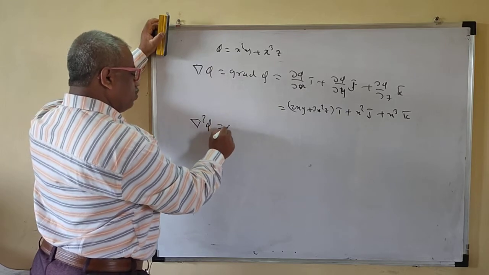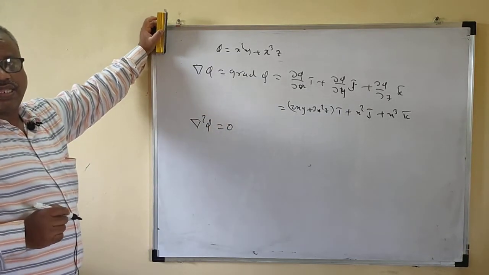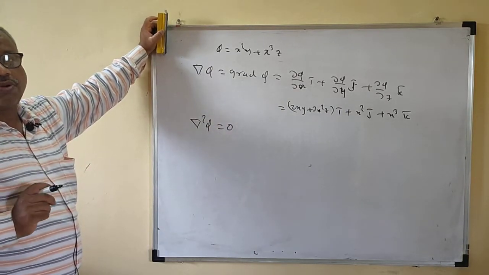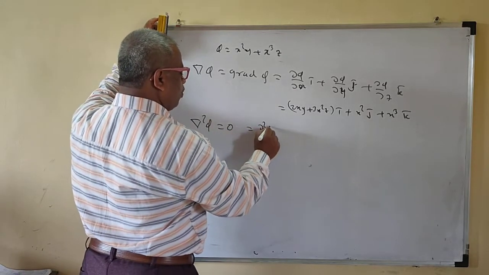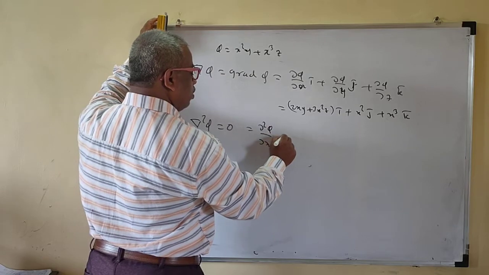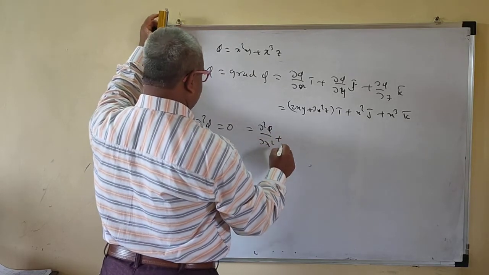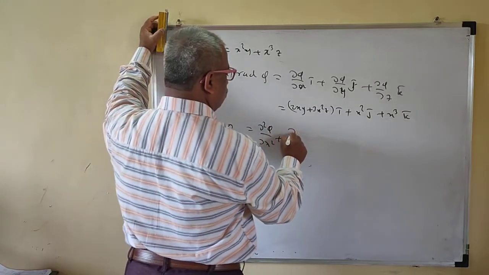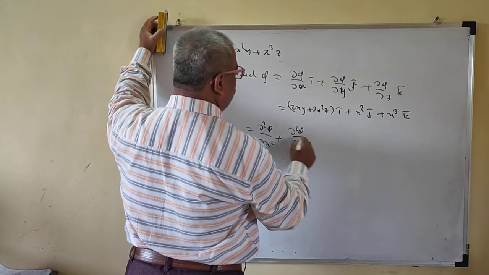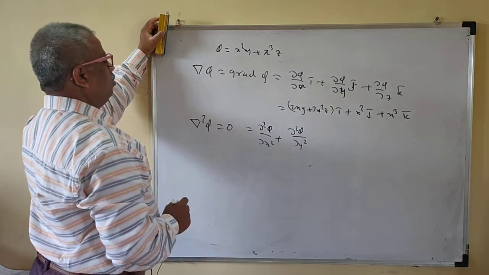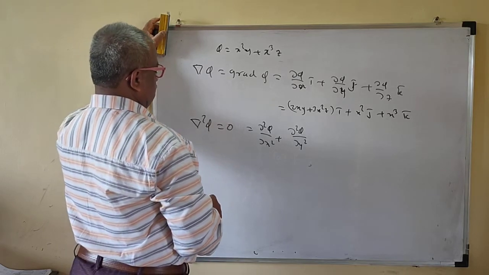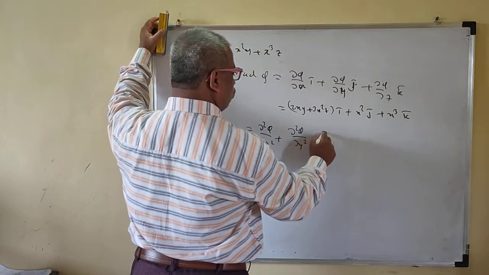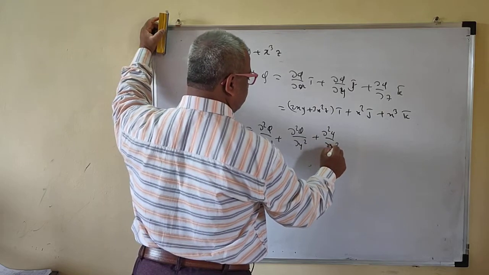Okay, so if ∇²phi is equal to 0, then this is called the Laplace equation, and phi is also called a harmonic function. That means ∂²phi/∂x² plus ∂²phi/∂y² plus ∂²phi/∂z² equals 0.